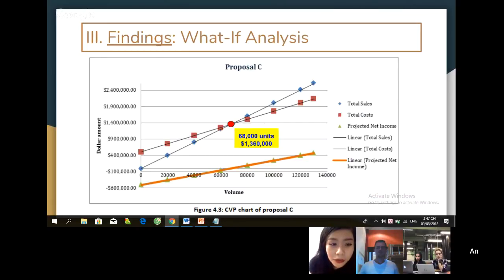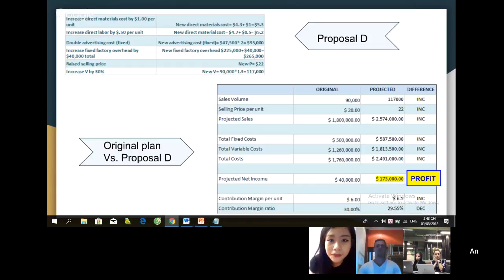The red circle represents the break-even points. The figures here show that if the company wants to start earning profit, it must sell more than 68,000 units and generate a revenue of more than $1,360,000.